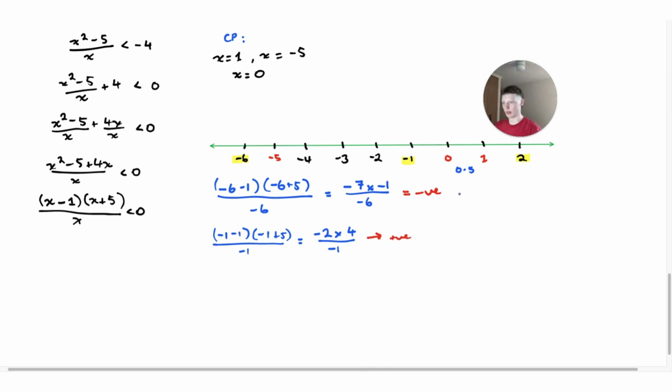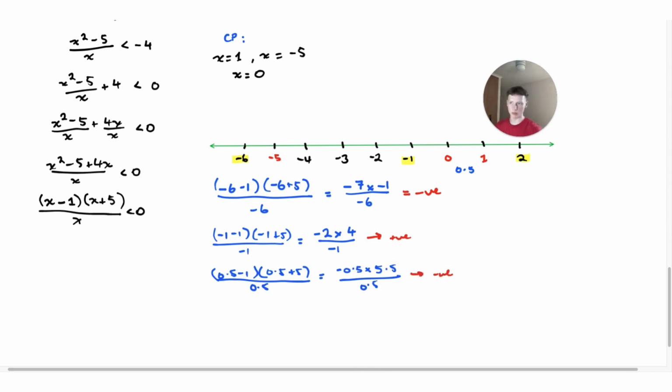If we skip over to 0.5, so we can say that's 0.5 minus 1 times 0.5 plus 5 over 0.5. And that's going to be a negative 0.5 times 5.5 over 0.5. So again, negative on the top, positive on the bottom. We're going to get a negative result.